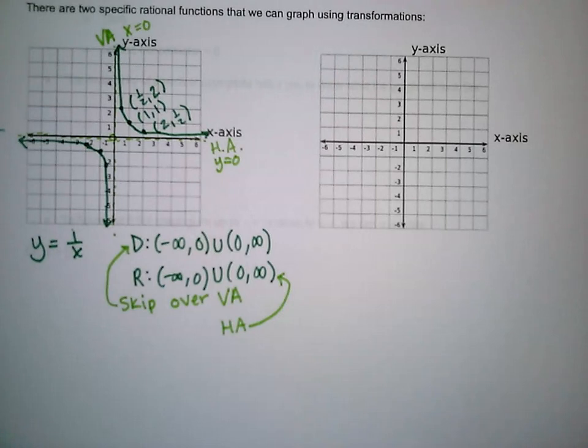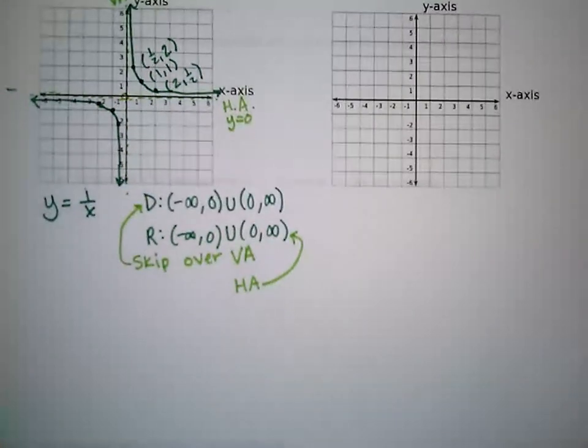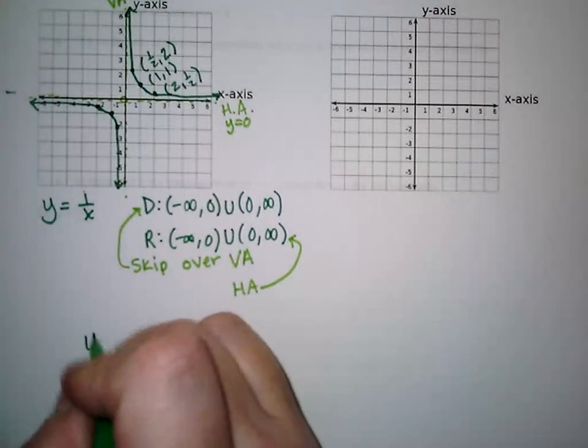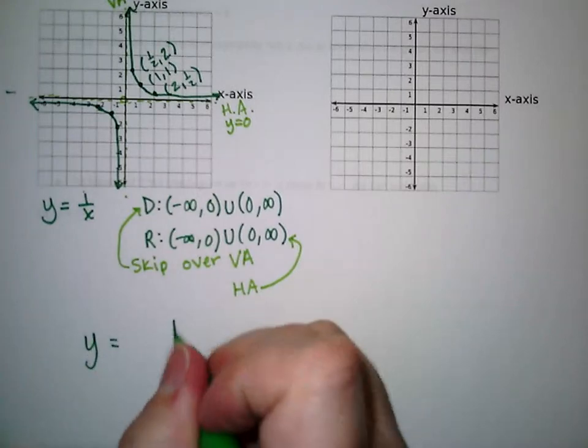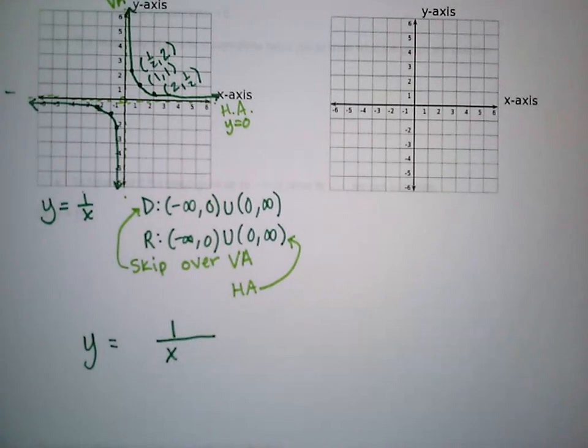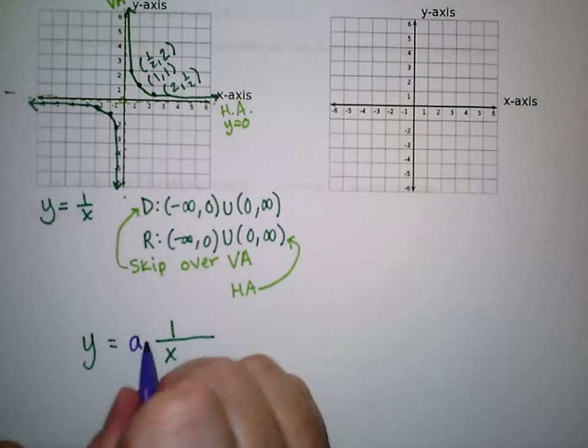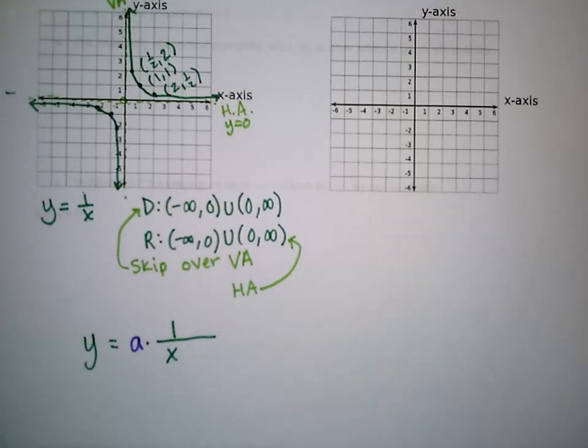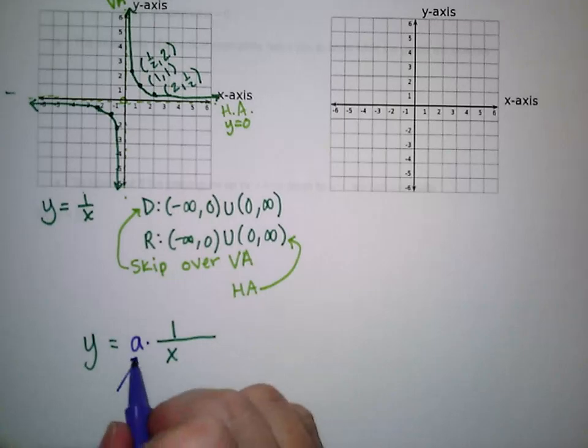The way that we apply transformations to this function, we'll have y equals 1 over x is our general function. And then we might have a number multiplied out front. Sometimes you'll also see that number up in the numerator, but it's going to mean the same thing.